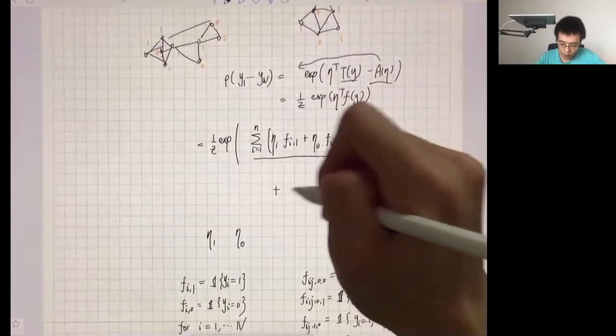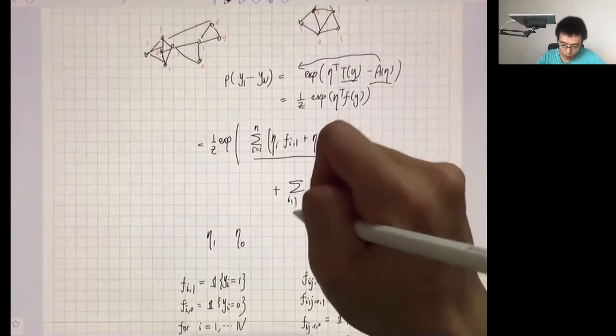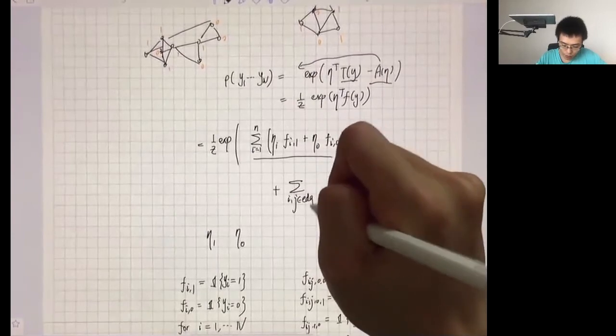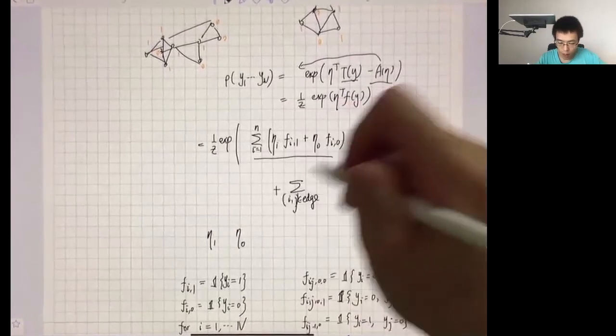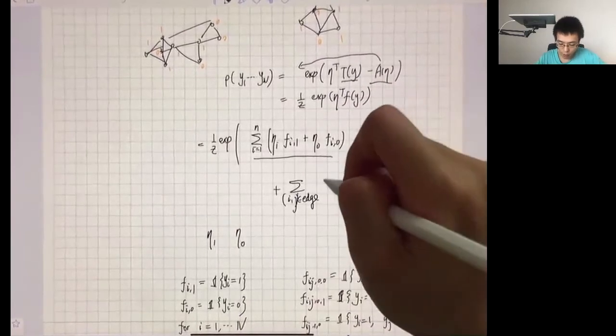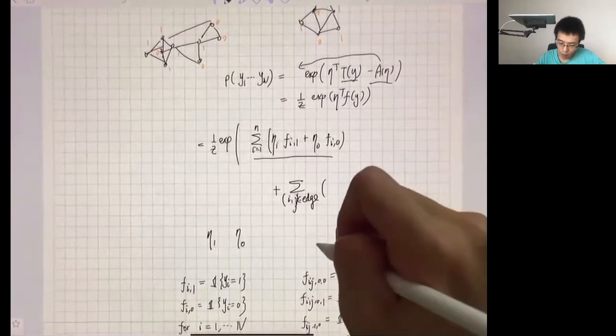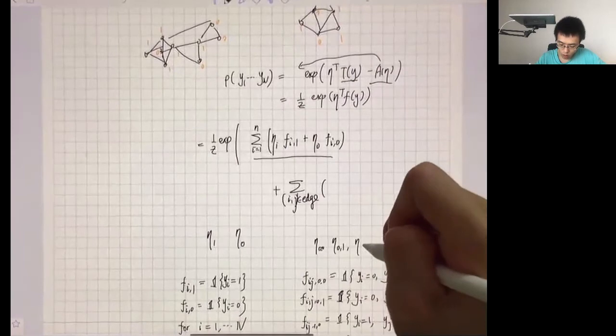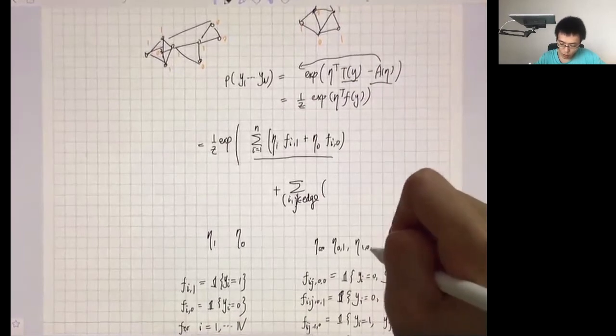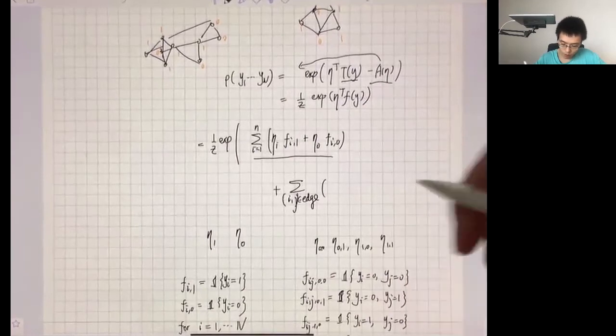And I have the pairwise features, which are for ij in my edge set. For any pair ij, my features are θ00, θ01, θ10, and θ11.